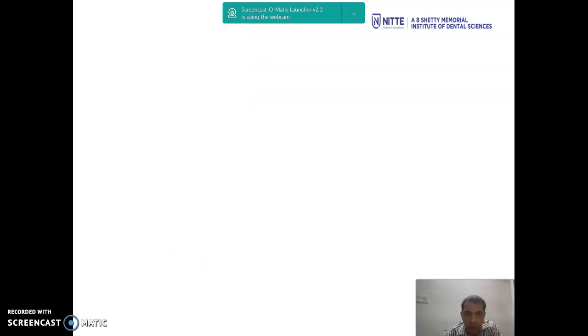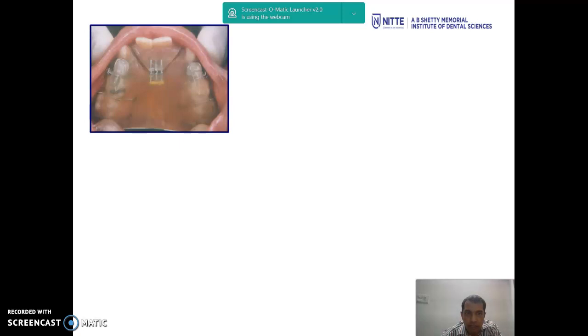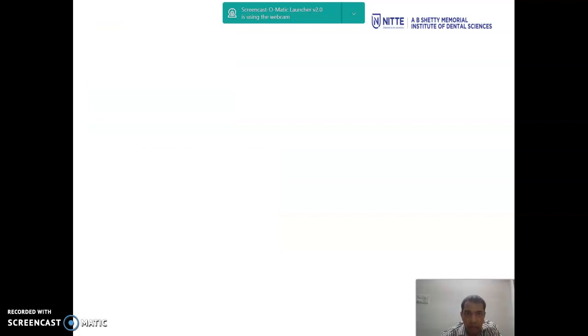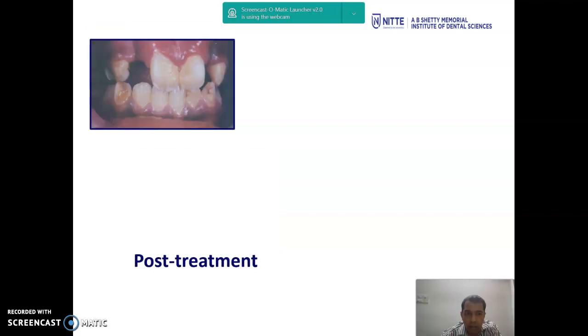This is a crossbite. Post-treatment, we will see the pictures. A screw is placed in the sagittal plane to cause labial movement of the incisors. The screw is activated. Then you see post-treatment, the crossbite is corrected.